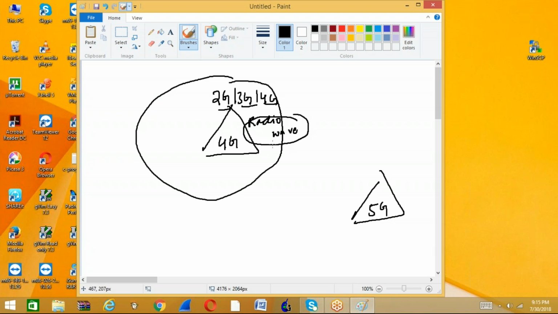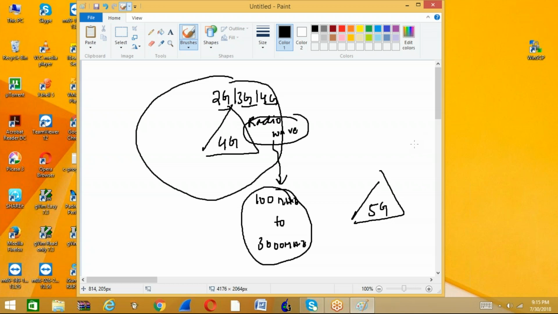The range of radio waves is 100 megahertz to around 3000 megahertz.